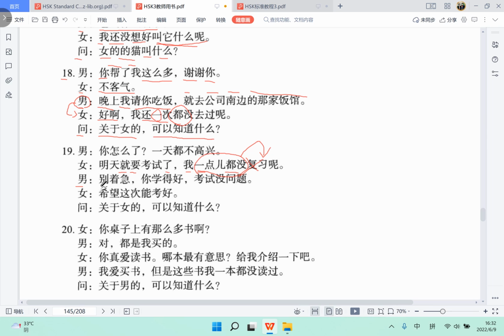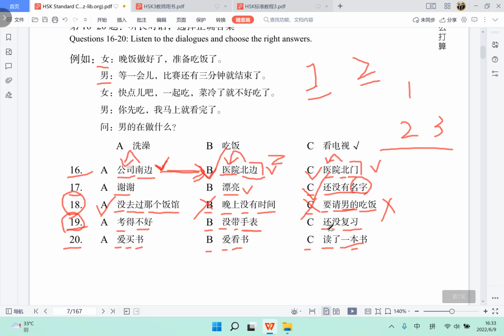And the man replies 别着急, don't be anxious. 你学得好, so you've studied well. 考试没问题, examination no problem. 希望这次能考好, so 希望 hope, 这次 this time, 能考好, could test well. 关于女的可以知道什么, so about the female, what could we know? So the grammar point is 一点都没. So here 还没复习, still haven't done the review.